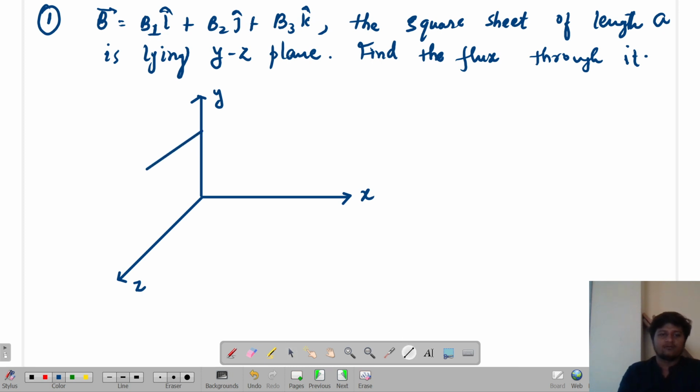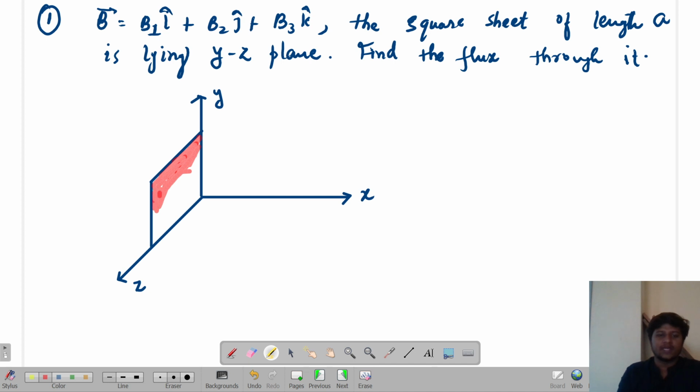Okay. So now look over here. You have planes. It is in the YZ plane. Right or not? Yes or no? Tell me the answer fast. How to do it? I'll have to take the dot product, yes or no?